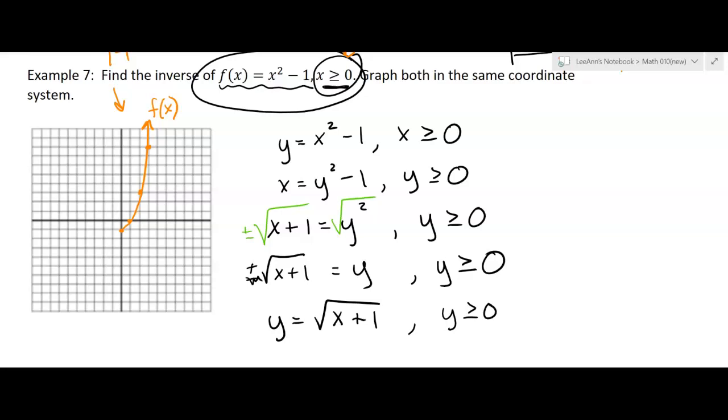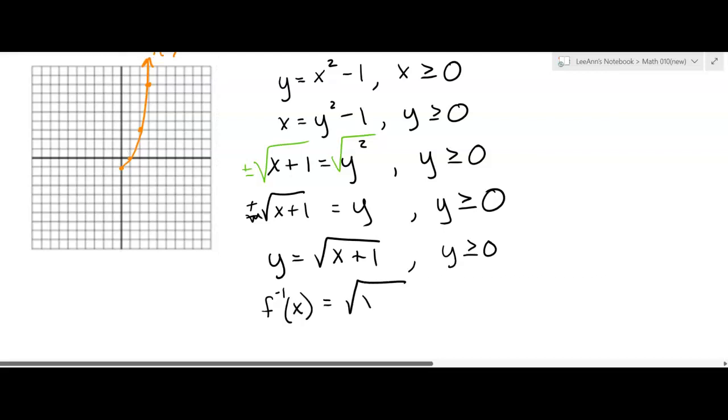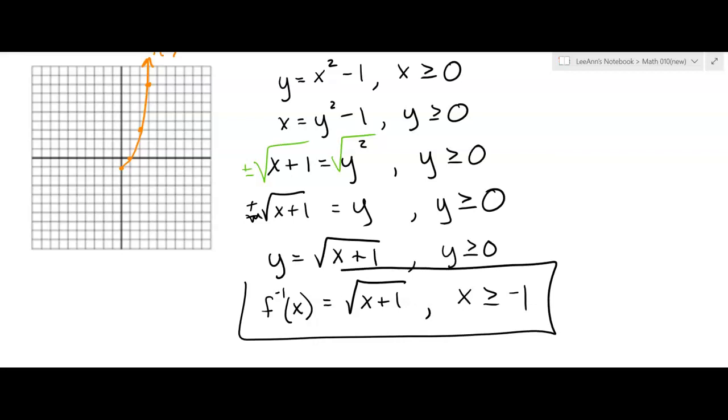But watch what's going to happen here on the next part. So I put in the inverse notation. But what's really going to be the restriction here? Look at just your inverse function. Doesn't x have to be greater than or equal to -1? It does, okay? So here's the function. It does have a restriction on x.